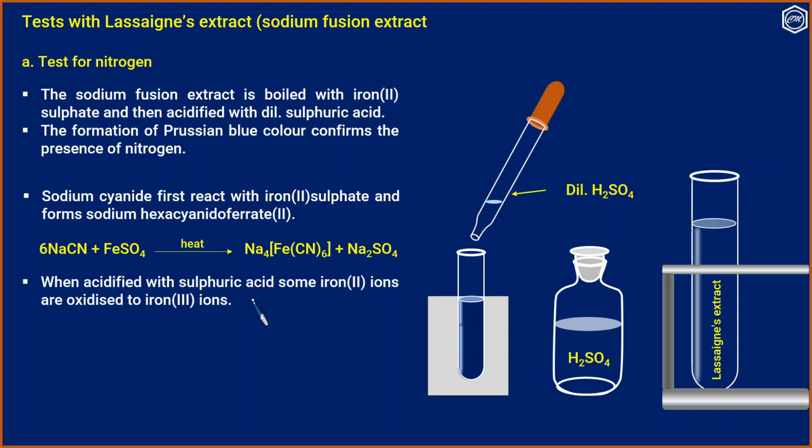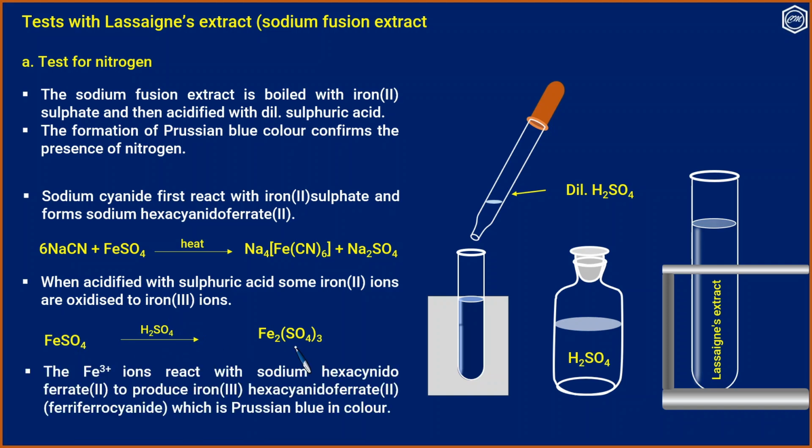When acidified with the sulfuric acid, some ferrous ions are oxidized to ferric ions. FeSO4, sulfuric acid, ferric sulfate. The ferric ions present react with the sodium hexacyanoferrate to produce iron(III) hexacyanoferrate, ferriferrocyanide.